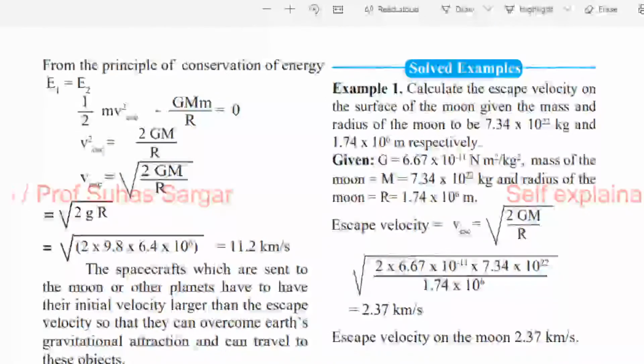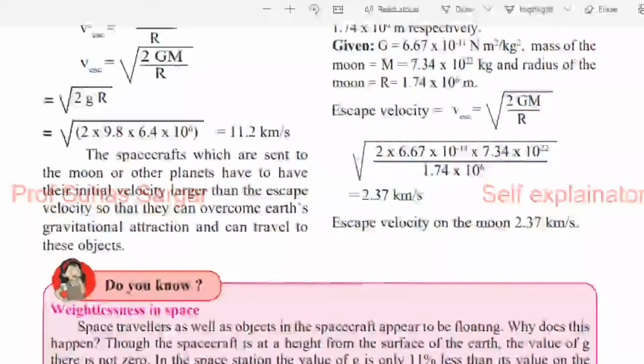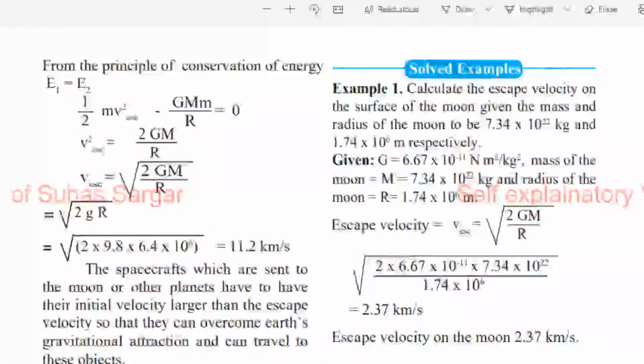Some solved examples are given in this book. You can see them in your soft copy or the hard copy books.